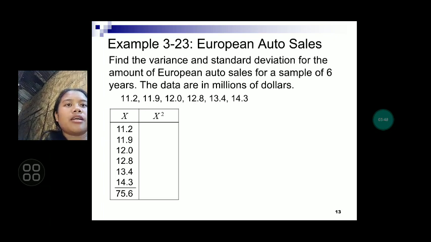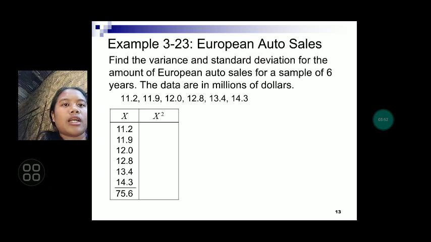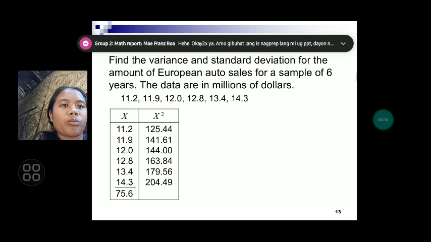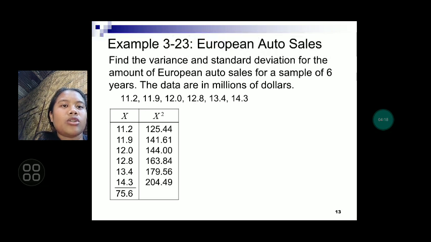First the x values, then x²: 11.2² is 125.44, 11.9² is 141.61.